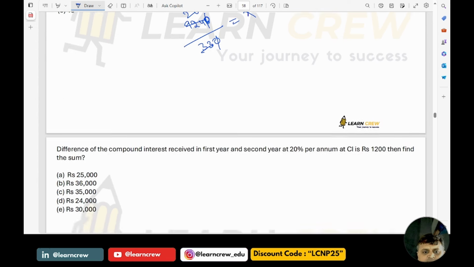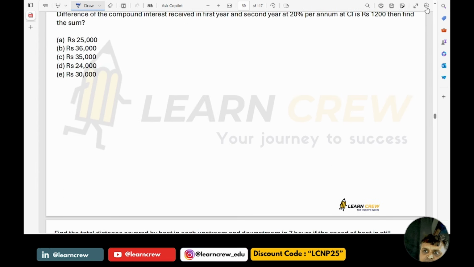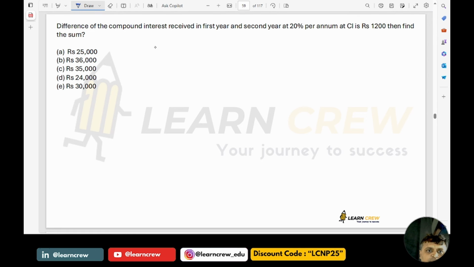Next. Difference of the compound interest received in first year and second year at 20% per annum compound interest is 1200. Then find the sum. So see here, first year if it is 20%, second year on 20% would be 4.